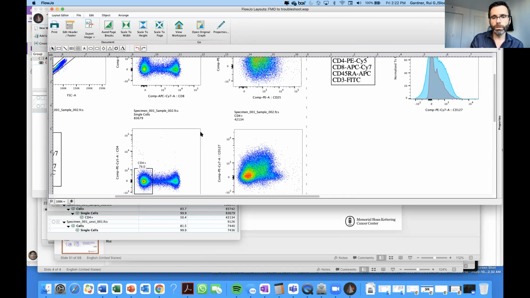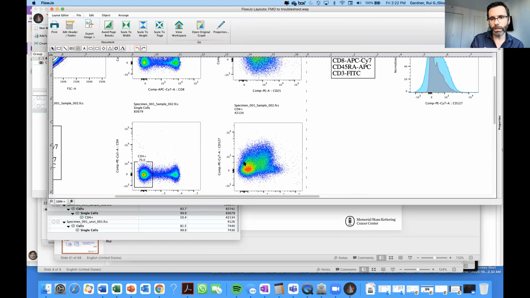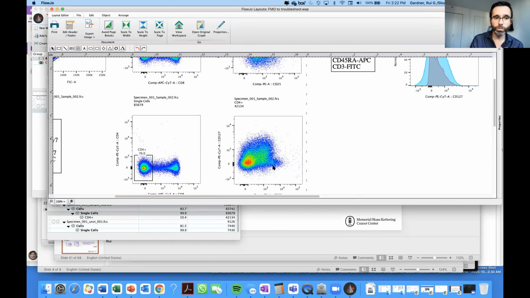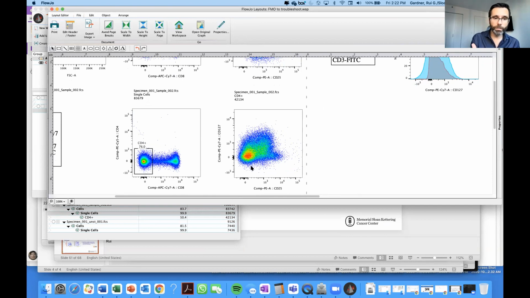And when you look at this, you realize that, oh, okay, now my population is popping out, right? And this is my population of interest that I wanted to see. So the resolution improved dramatically when we removed PE-Cy5, right? So now we know that at least PE-Cy5, and again, for the sake of time, I'm not going to go through all of them, just wanted to show you the power of an FMO. When we remove PE-Cy5, suddenly, boom, we got the population of interest being resolved.